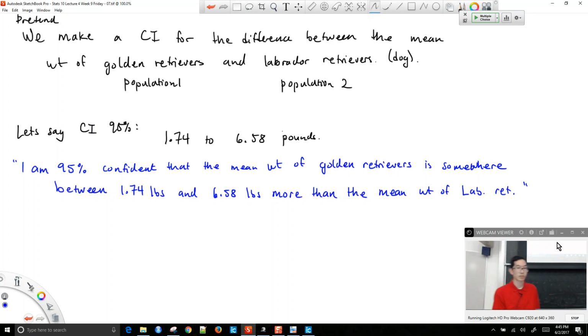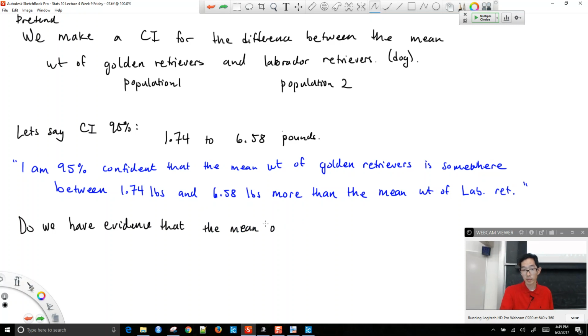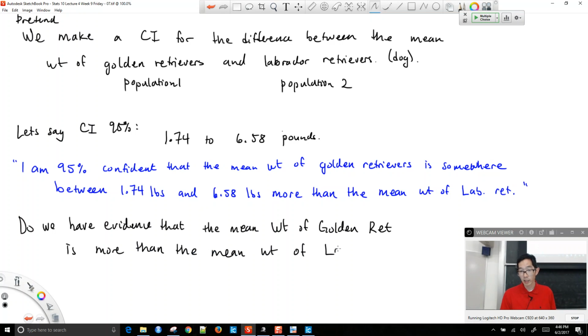Someone comes along and asks, do we have evidence, or does the confidence interval provide evidence, that the mean weight of golden retrievers is more than the mean weight of Labrador retrievers?